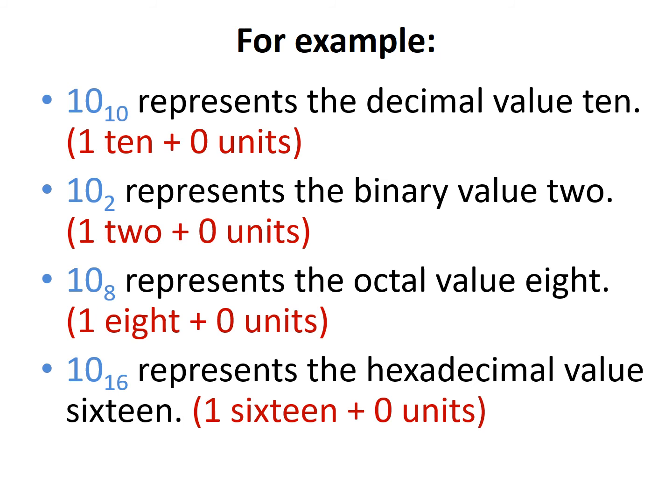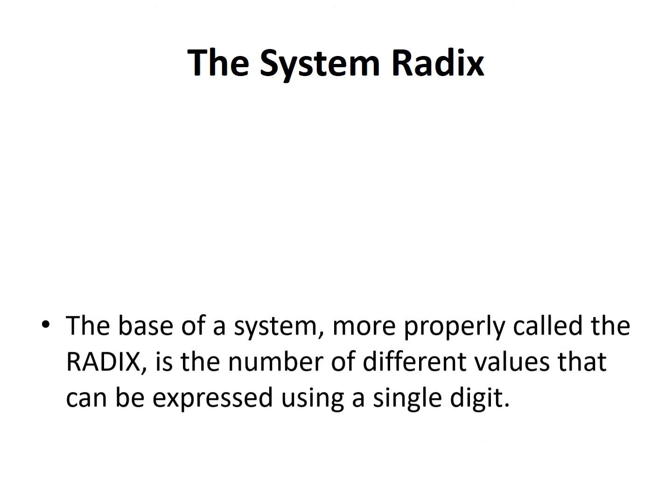Okay, for the decimal number system, the value of 10 base 10 is 10. In the binary number system, the value of 10 is 2. In the octal number system, the value of 10 is 8. In the hexadecimal number system, the value of 10 is 16. So in each number system, the same representation has a different value.